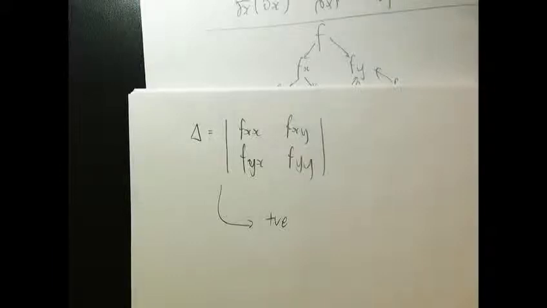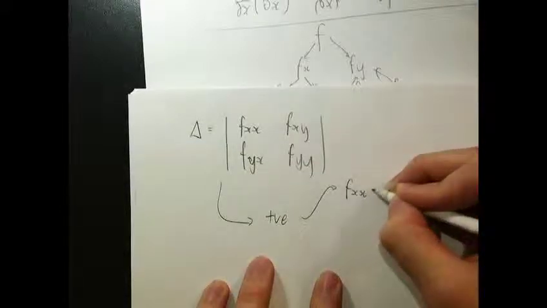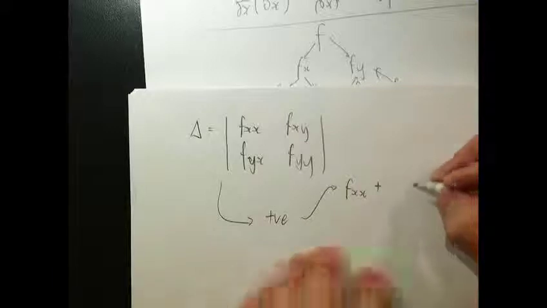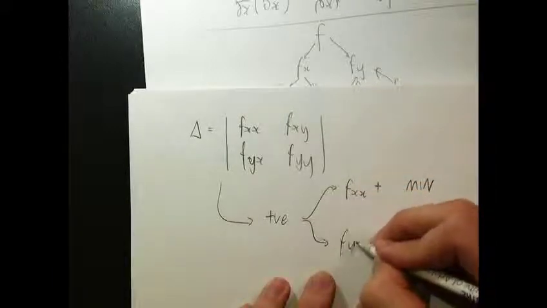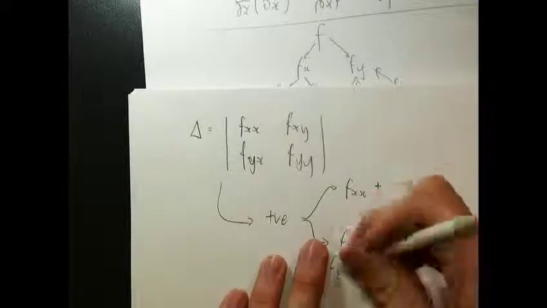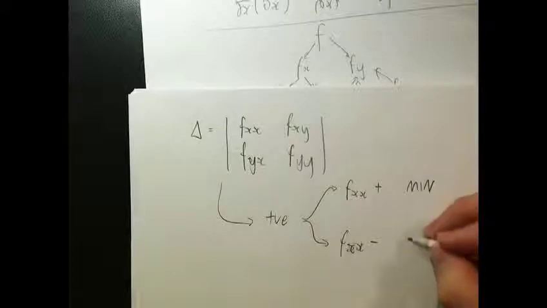We can't tell which one it is. So then there's 2 things. If fxx comes out as positive, then it's a minimum. If fxx or fyy, doesn't matter which one, comes out as negative, then it's a maximum.